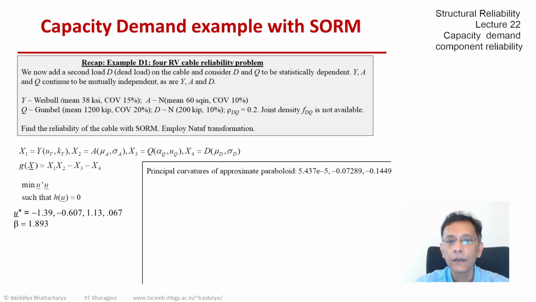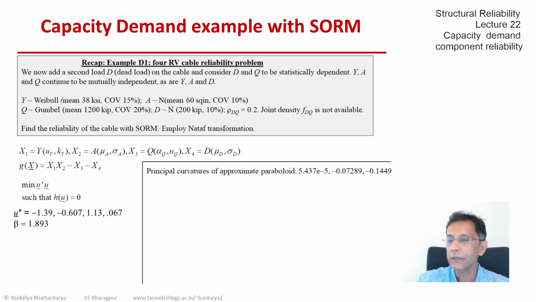And again, after doing the eigen analysis, or something equivalent, we get this curvature, which for the first one is almost 0, and the two other ones they are both negative.